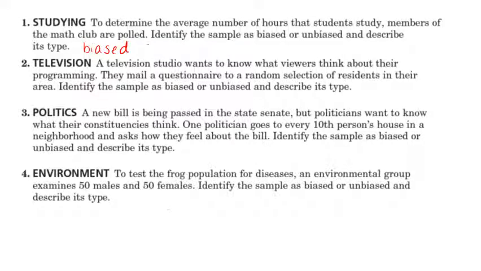And if we look at our types of biased ones, it's a sample that includes members of the population that are easy to access. So I asked just the math club. So this is a convenience sample. It's not random, and it was just convenient to ask the students from the one club.